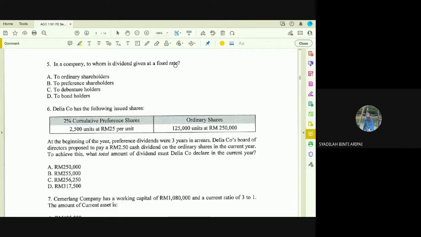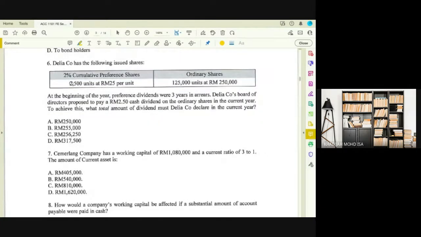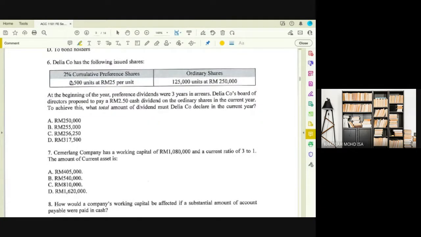B. B is the preference shareholders, because ordinary shareholders have no fixed dividend, and it is not compulsory for the company to pay ordinary shareholders. But preference shareholders have a fixed rate, for example 10% preference shares. So the dividend is 10% whether the company is making profit or not. And these are on the shares.